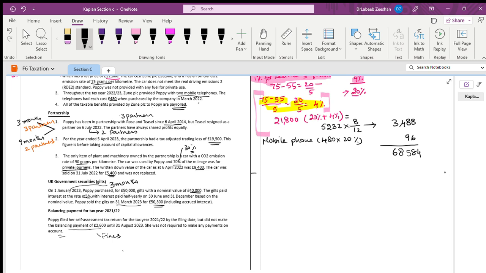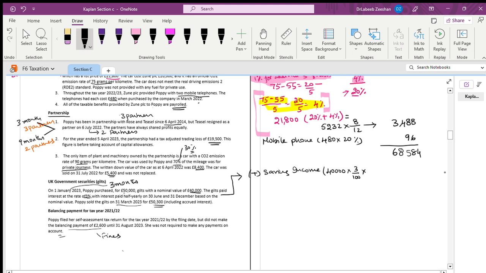Add savings income. Are you understanding my point? This is related to this. Is it 40,000 times 3 by 100 times 3 by 12?